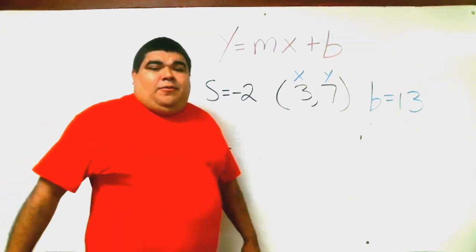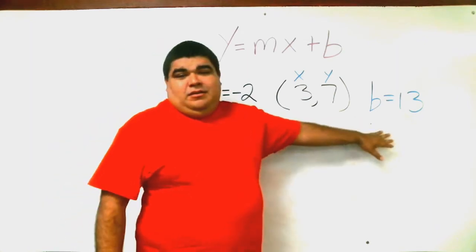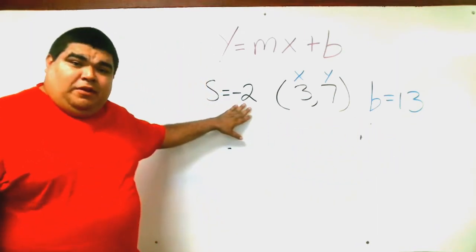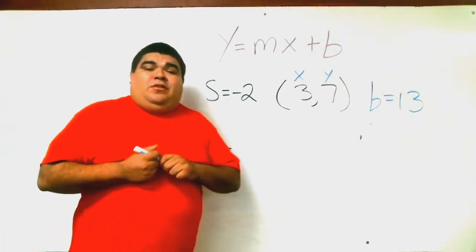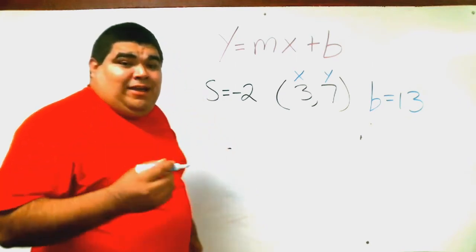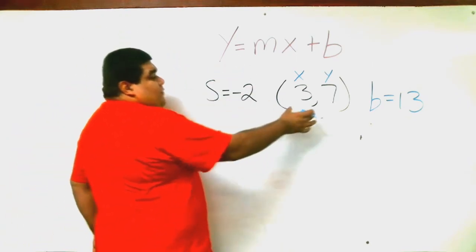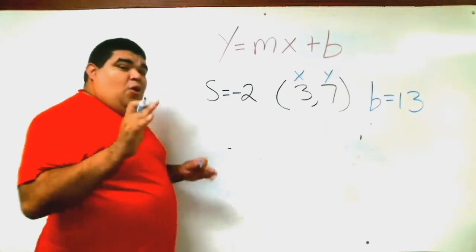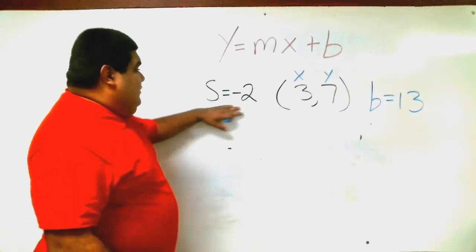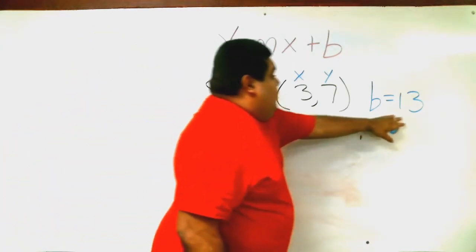We already solved for b, and the slope was already given to us. Now we're going to put it all together. We're not going to use the coordinate anymore. All we're going to use now is just the slope and the b.